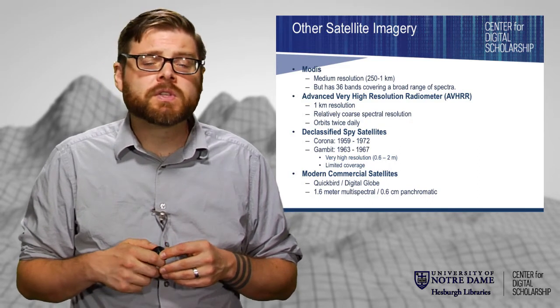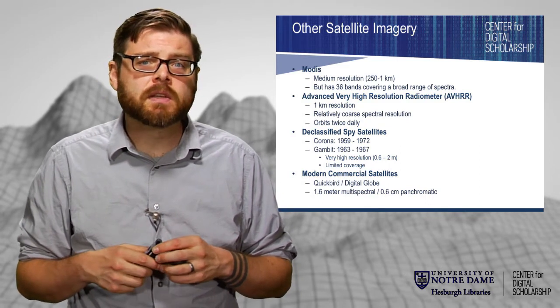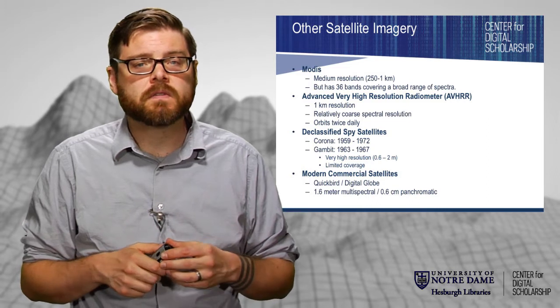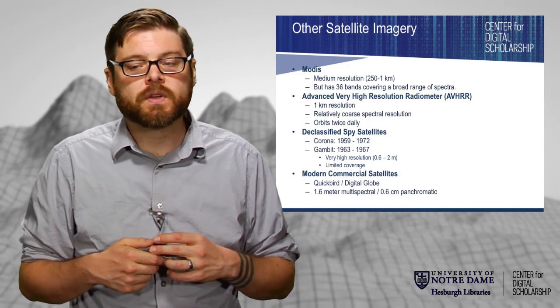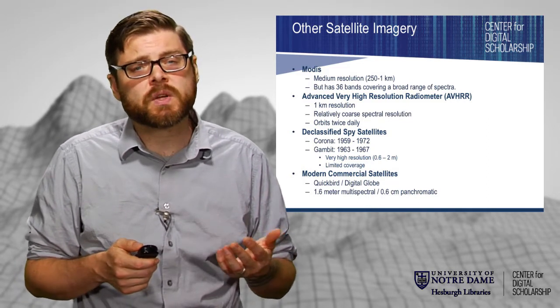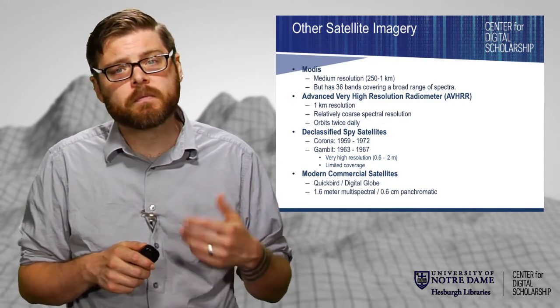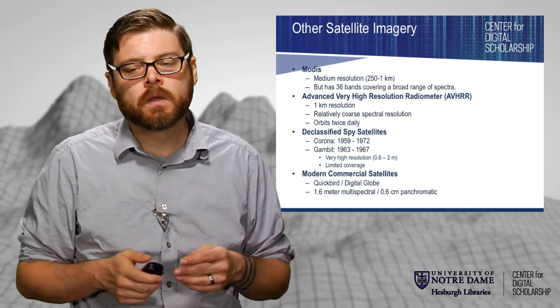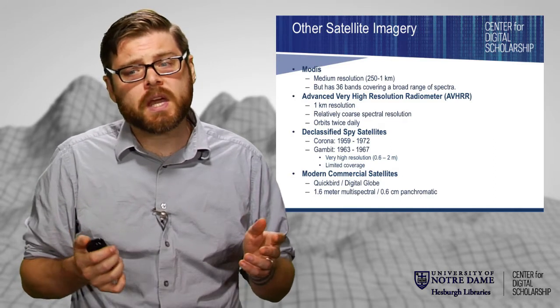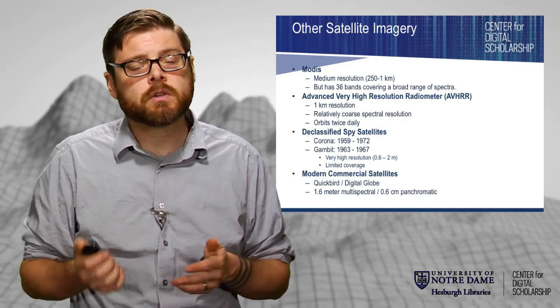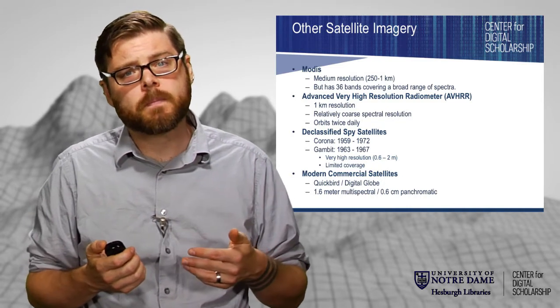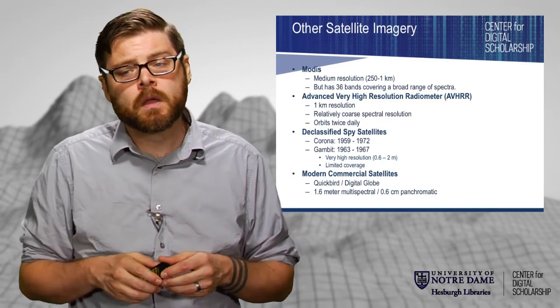We also have a few others, things like declassified spy satellites. There's been a few processes of declassifying these, which have extremely high spatial resolution usually, but they're entirely panchromatic and they have relatively limited coverage for the time periods that they were being used. And then there are also the modern commercial satellites as well, things like QuickBird and Digital Globe, which are the base maps for Google Earth and Google Maps.